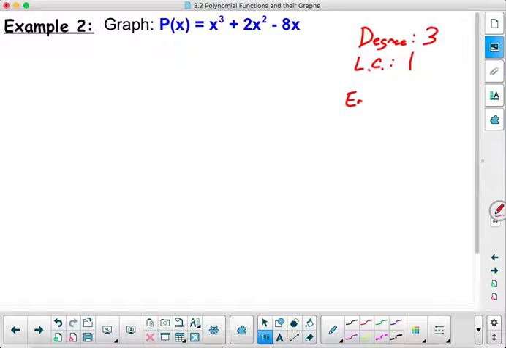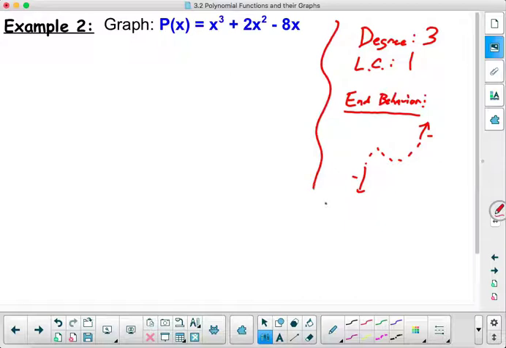If I asked you this question, what's the end behavior? Well, hopefully, if I have a degree of 3, it's going to start and end differently, but because this is a positive 1 here, it's going to end going up and it's going to start going down. And so somewhere in between it's going to do something like this, but that's kind of the characteristics of my end behavior.